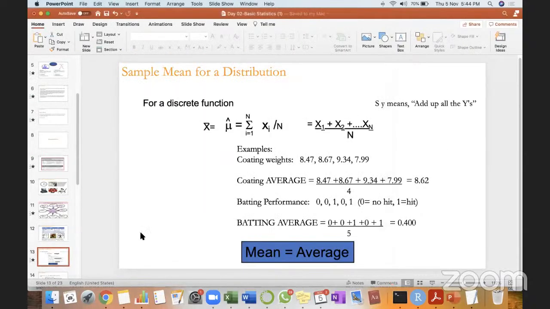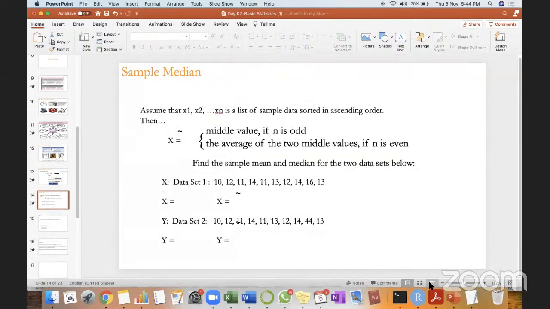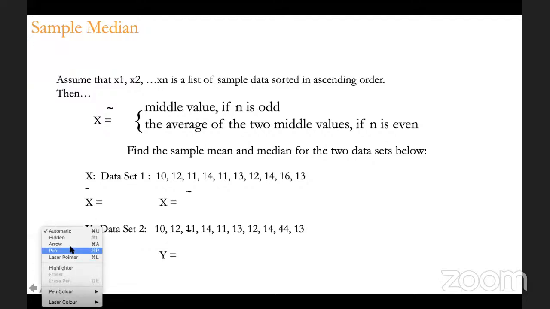Then we have the next measure called median. To solve the problem of outliers in the data set, we have the median.